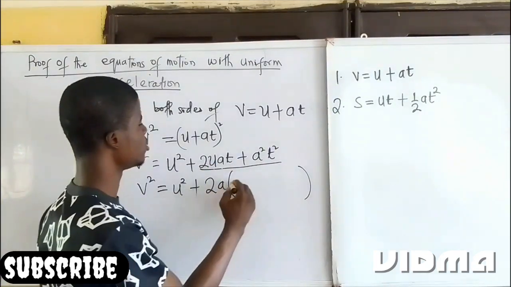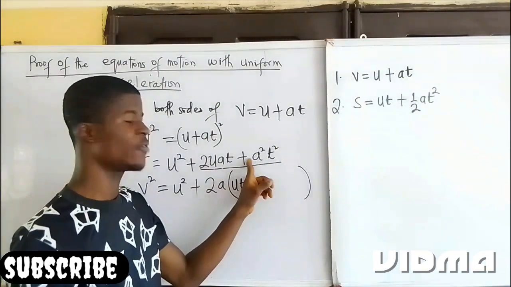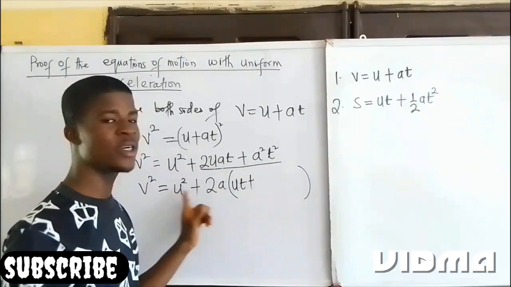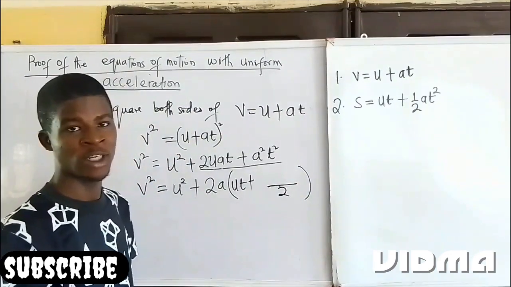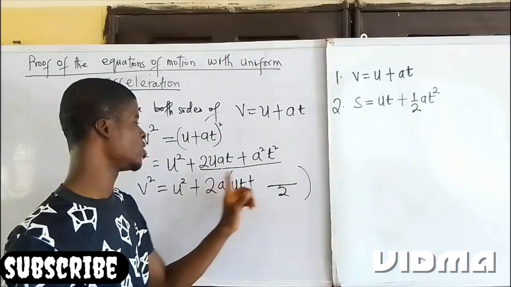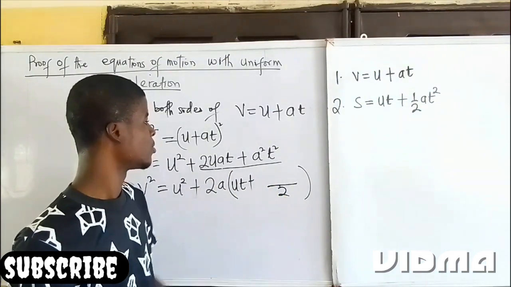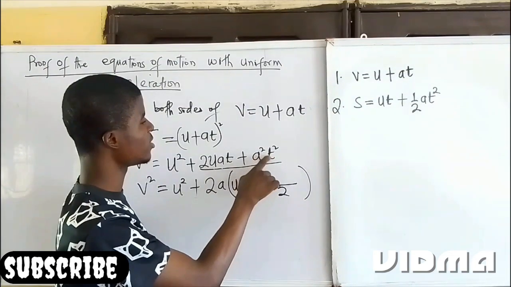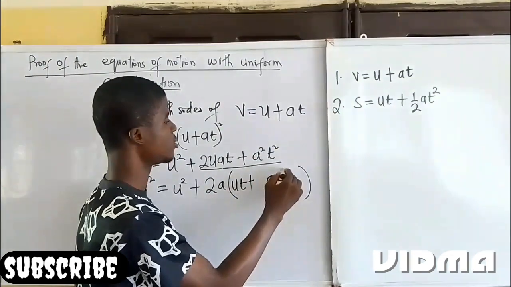So UT plus A squared T squared does not have a 2. So if I must bring out a 2, I must divide it by a 2. That's what it means. So that 2 goes inside and cancels the 2 at the denominator. Now, divide A squared T squared by A to give you AT squared.